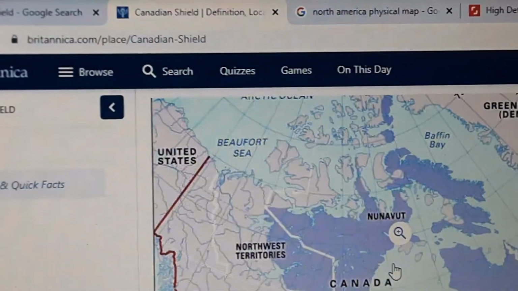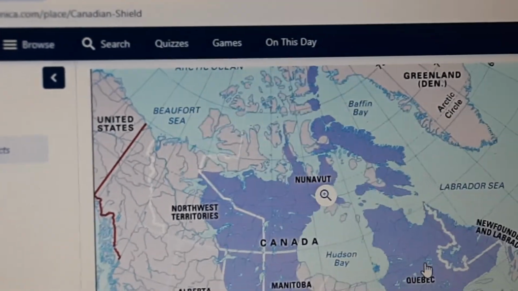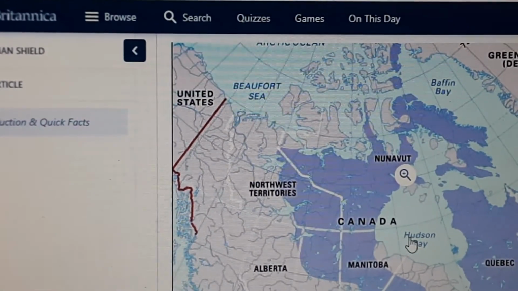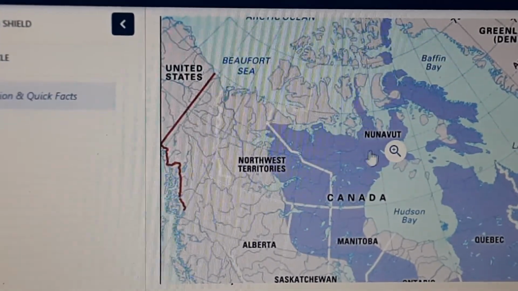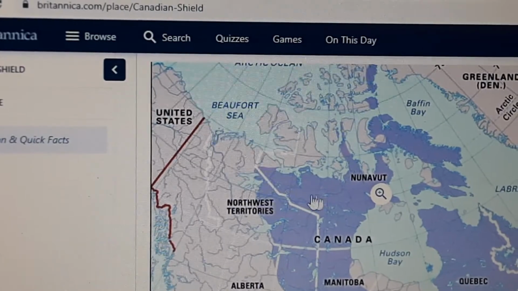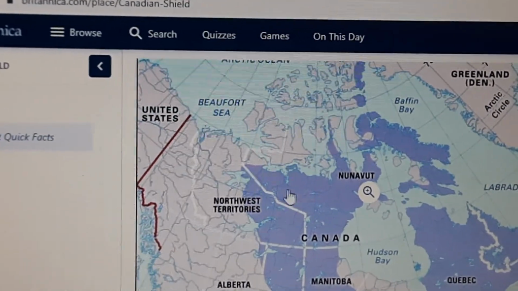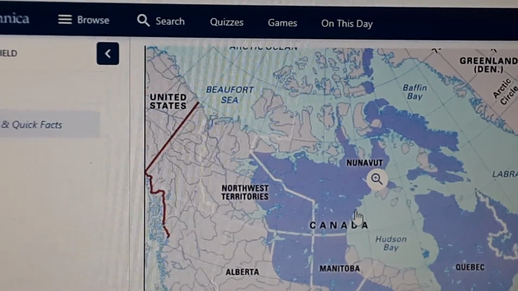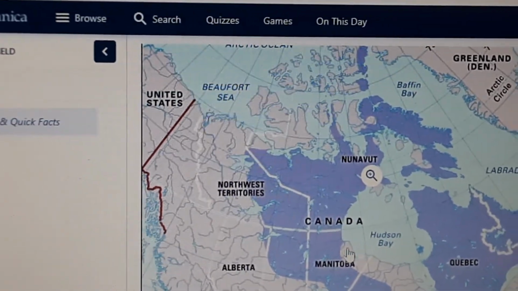This region is rich in metallic minerals. Continuous wearing down over millions of years has reduced the height of the Canadian Shield considerably. The general slope of the land is towards the Hudson Bay. Many short rivers flow from the Canadian Shield to the Hudson Bay.